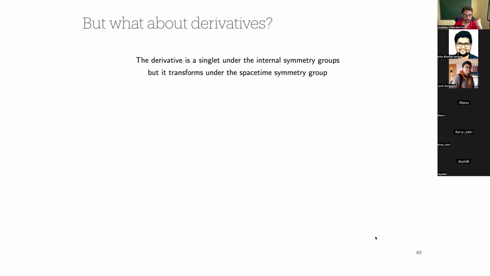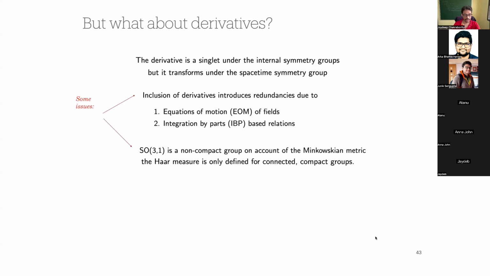So we need to give the status of a quantum field to this derivative without treating it completely as a quantum field. These derivatives do not transform under the internal symmetry groups, but they do transform under the space-time symmetries. Because of that, depending on the derivative, we have two more important aspects in quantum field theory, which are equations of motion and integration by parts.